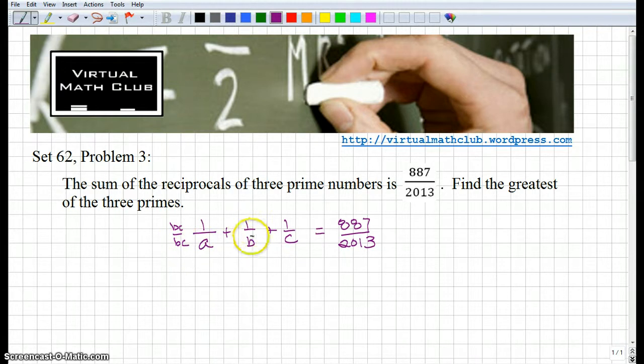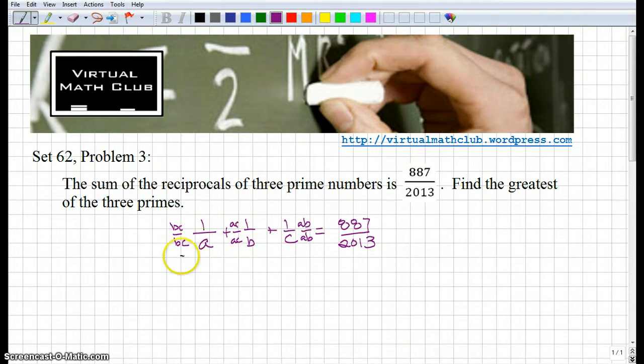We can multiply 1 over B by AC over AC, okay? And then the denominator would be ABC again. And then we could multiply the 1 over C by AB over AB. And now you can see that when we multiply those all out, we haven't changed the value at all because all we're doing is multiplying by 1. So it doesn't change anything.